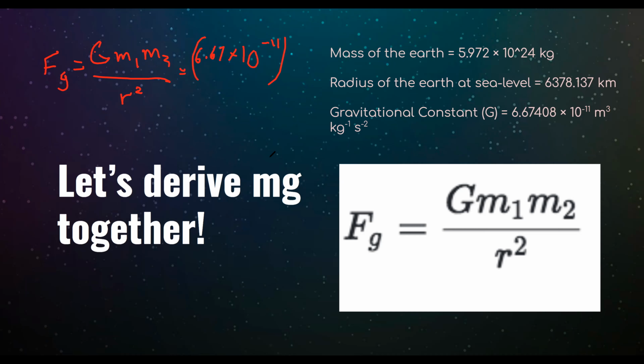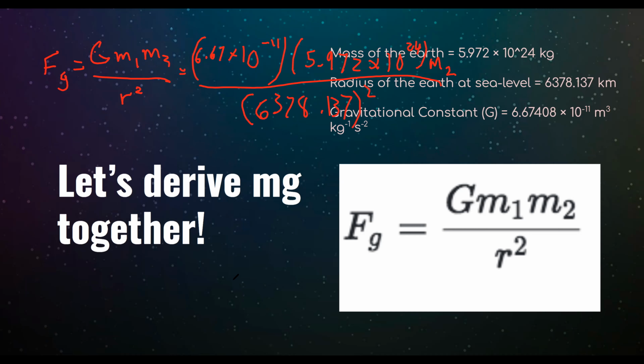I just want to make this very clear and concise. And then we have M1, which is 5.972 times 10 to the 24. Right? And then we have M2. And then the radius is, not the square root, the square of 6378.137.